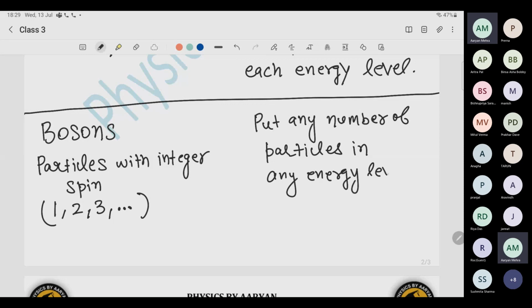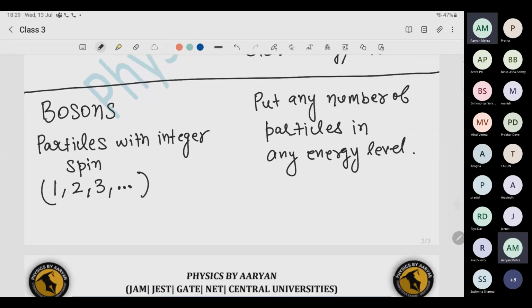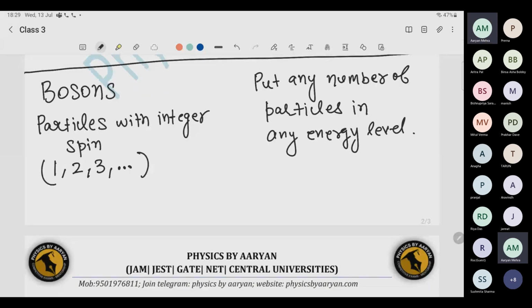So you can put any number of particles into any energy level depending on what the question asks. If they are asking what is the ground state energy, what is the first state, depending on that you can manage. I will explain with the question. So put any number of particles in any energy level. This is the only rule for bosons.